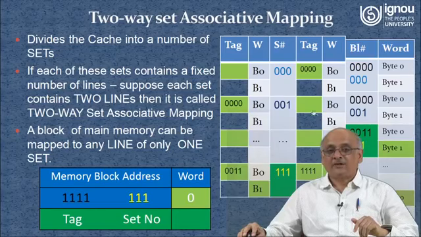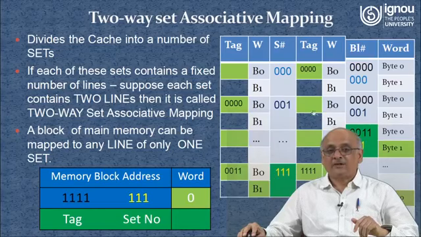Okay, and if it had been set associative mapping, then all these 8 get converted into 4 sets. So there are only 4 sets available to us, and these are the line numbers of cache 0 and 1. Suppose 0 is the first set, although it should not look like this, but just for the sake of it, we have said that this is set 1, this is set 2, this is set 3, and this is set 4.